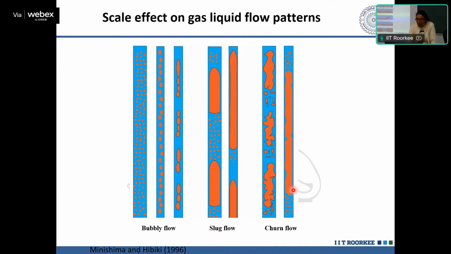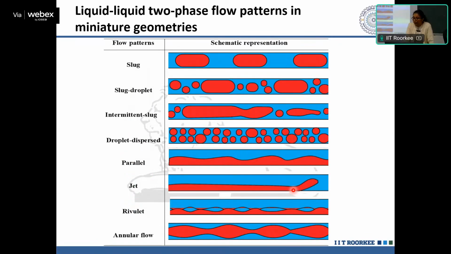Similarly, we have some representation for this kind of liquid one. Again, what we have seen from our experiment, from different phase velocities, different types of liquid flows, is what we could say droplet dispersed, not entirely dispersed.